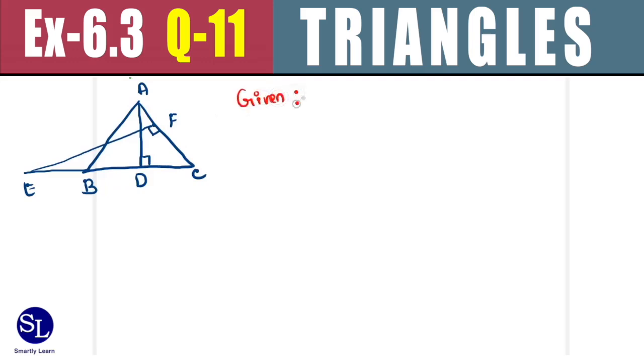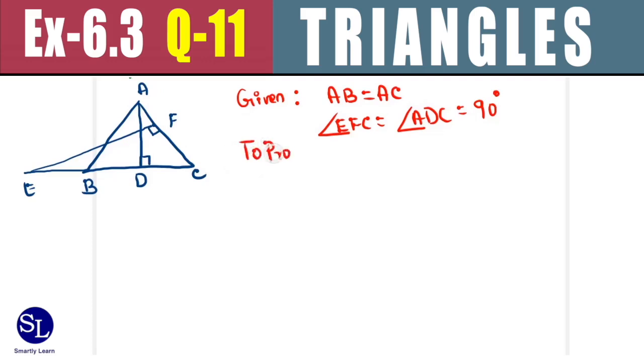Given is AB is equal to AC because of the isosceles property. Then angle EFC is equal to angle ADC is equal to 90 degrees. Now, what we need to prove is triangle ABD is similar to triangle ECF.